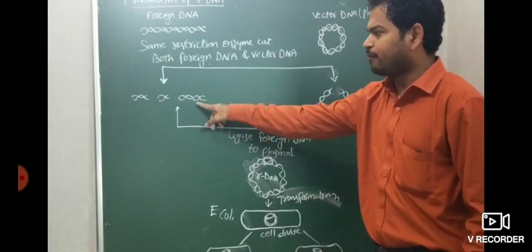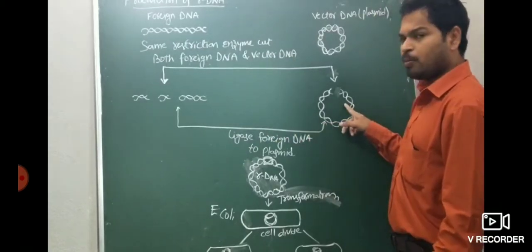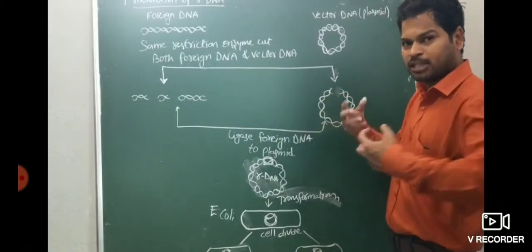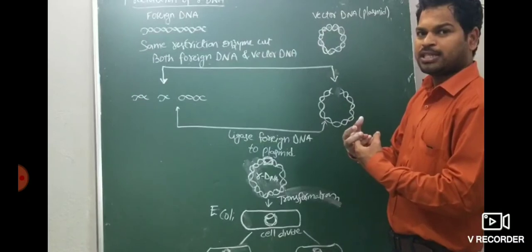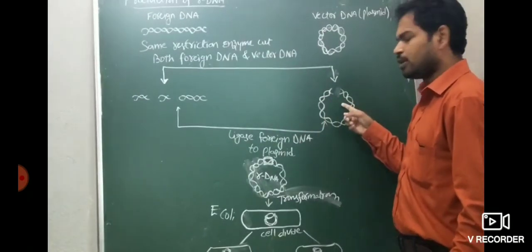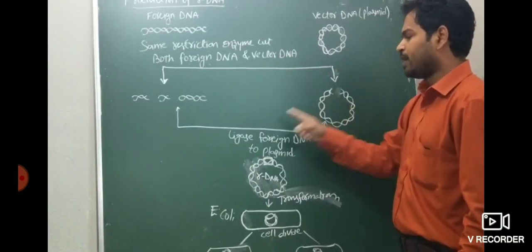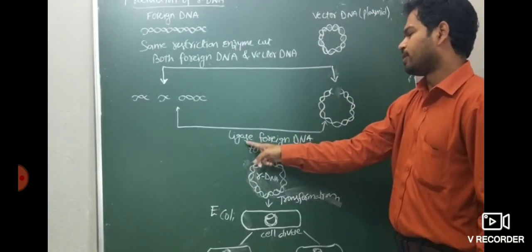The sticky ends of the DNA fragments and the sticky ends of the vector DNA are both ligated, meaning joined. The sticky ends of the DNA fragments are joined to the sticky ends of the vector DNA, the plasmid DNA, by ligase enzyme.